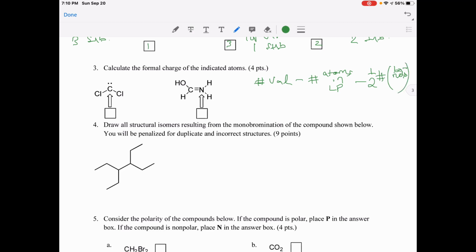Okay, so you can use this equation, but I find it simpler to consider the number of valence electrons and then just take off electrons, almost imagining it in your head.